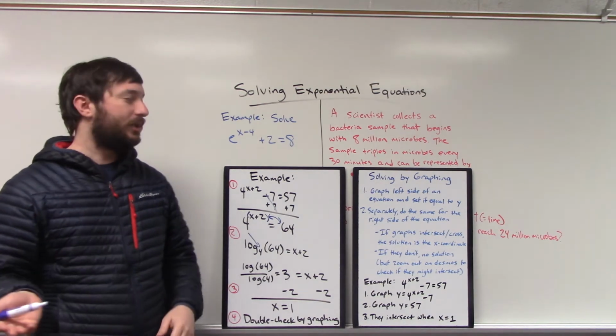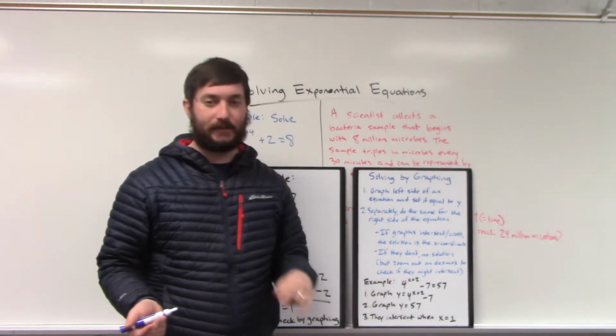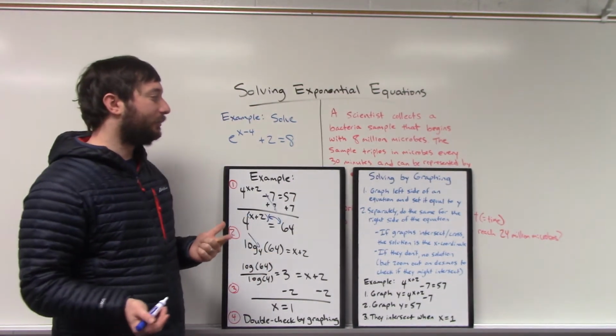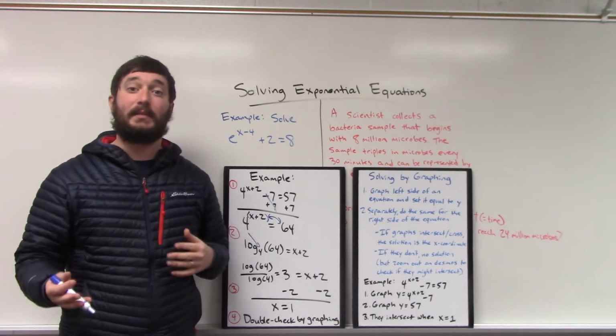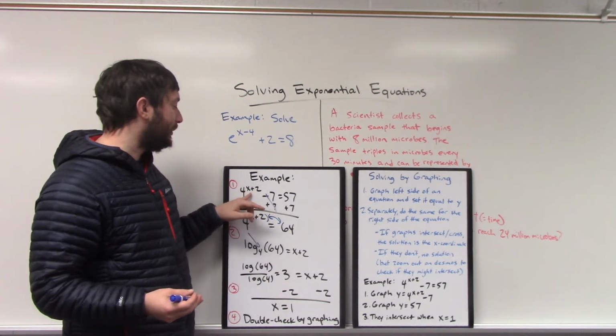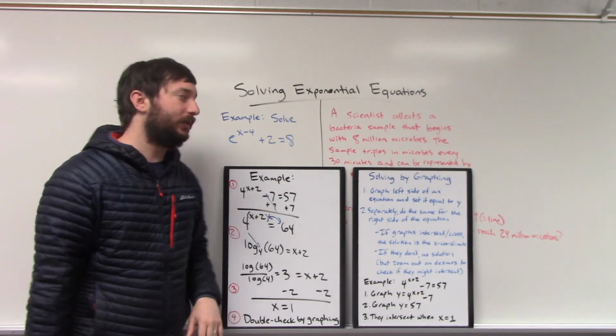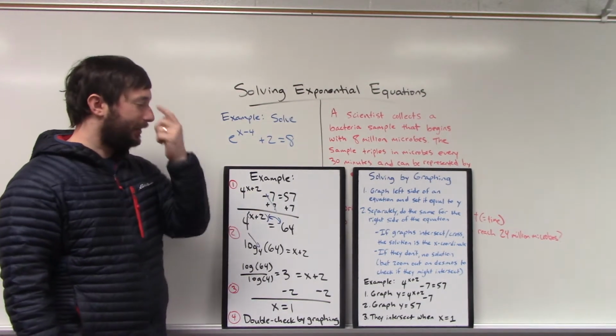So this is a way that you can double check or verify that the algebraic solution that you found is correct. Graphing and solving algebraically both confirm that you have the same solution to your problem. If you take that 1 and plug it back into your original problem, both sides will balance. Both sides will be equal if you simplify both sides.